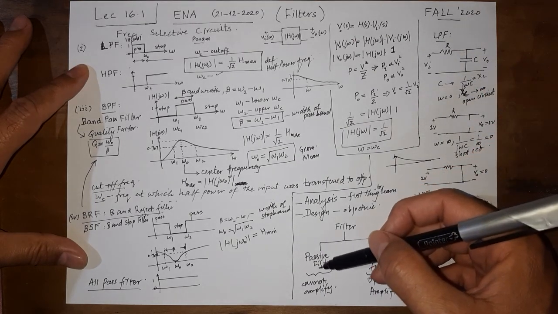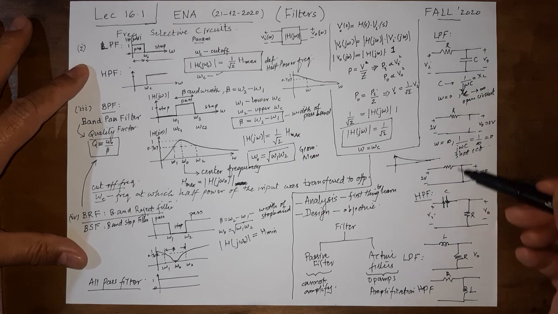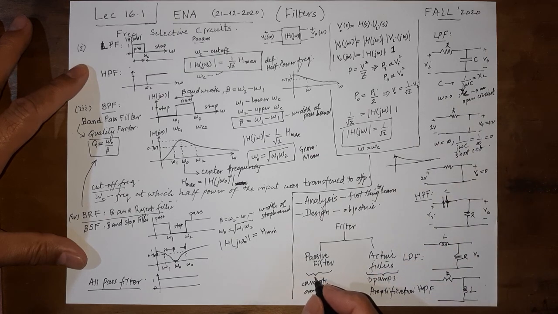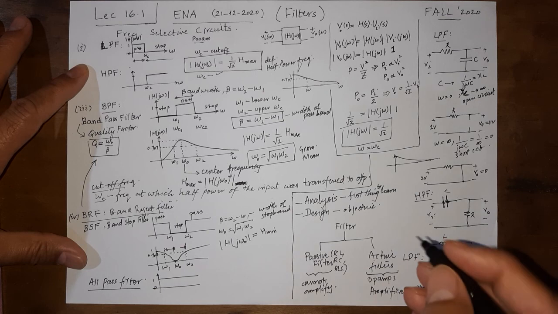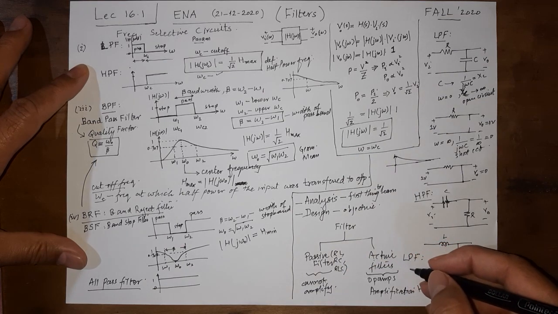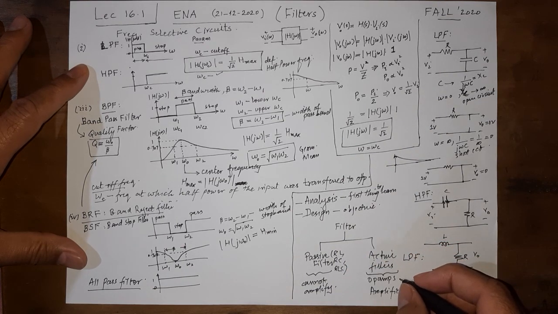So all these that we are studying are the passive filters. Usually the passive filters are the RL, RC, and the RLC filters that we are going to look at now. And active filters are usually op amp filters, which usually do not have inductors. So these are op amps with R's and C's.